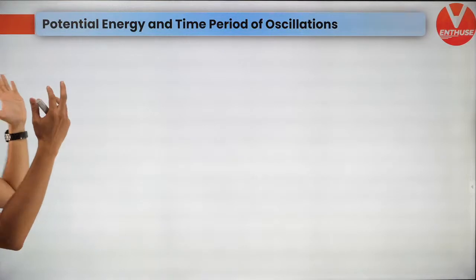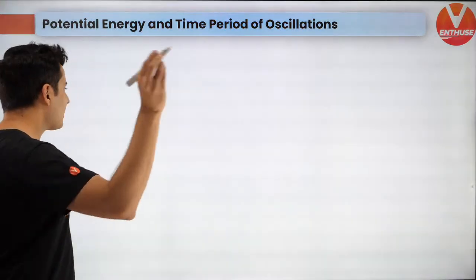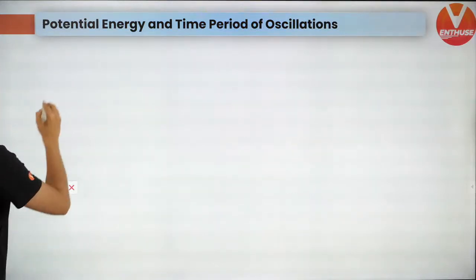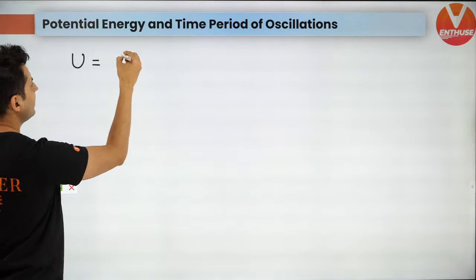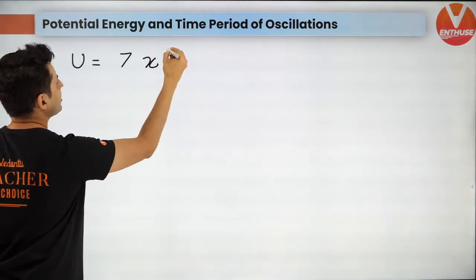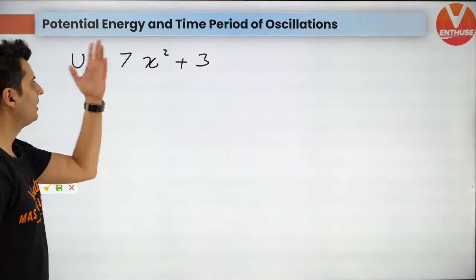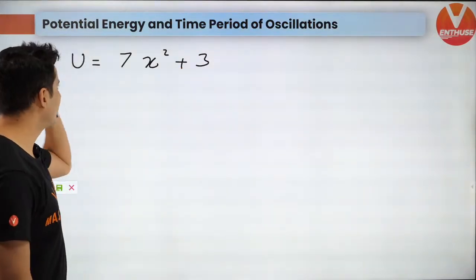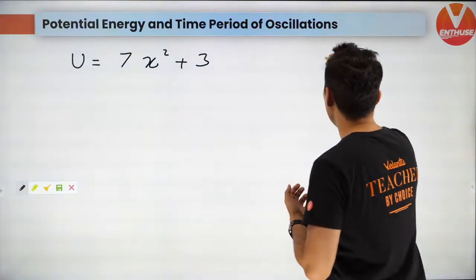Now let's see, how do you relate SHM and energy? Just imagine I tell you the potential energy of a particle is 7x square plus 3, for example. Just some random energy. X is the position, U is the energy. First of all, think about it. How will the graph look?